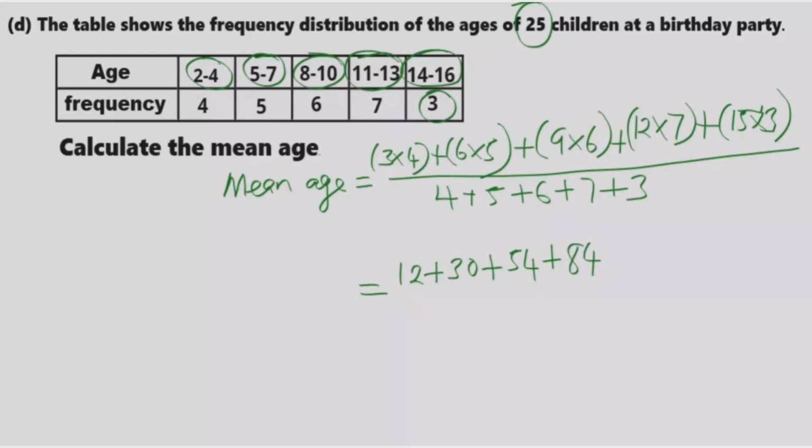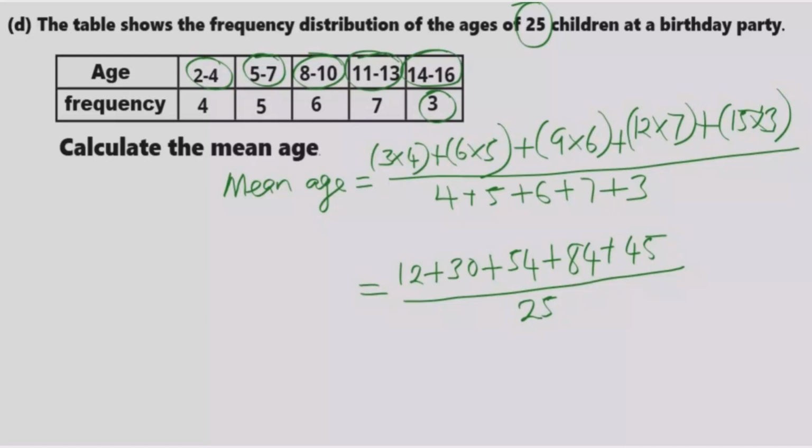If I'm not mistaken, that is 84. Then 15 times 3 will give us 45. So we say plus 45. Then over, we add: 4 plus 5 is 9, 9 plus 6 is 15, 15 plus 7 is 22, 22 plus 3 will give us 25. So we write 25 here, just like I said earlier on.